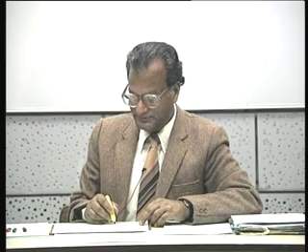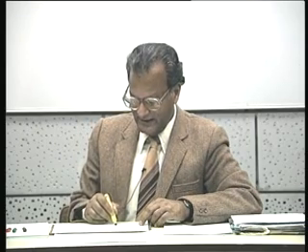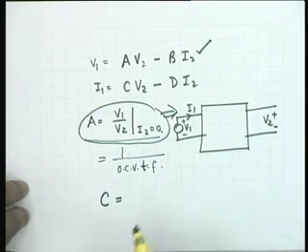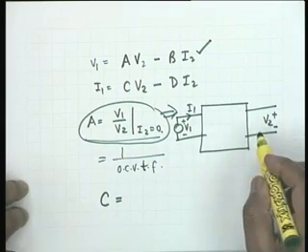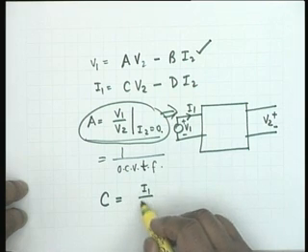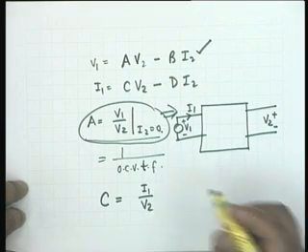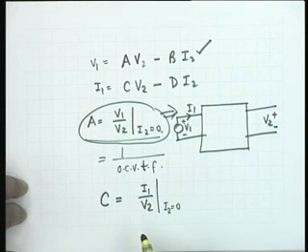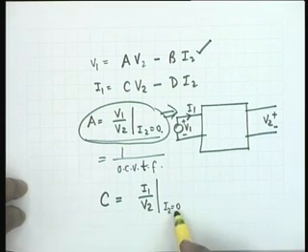Similarly, another parameter that I can find out from this network is C. C is I1 by V2 with I2 equal to 0. All right, and therefore, once again my response shall be V2, because I2 equal to 0.